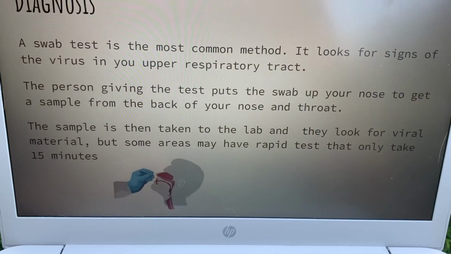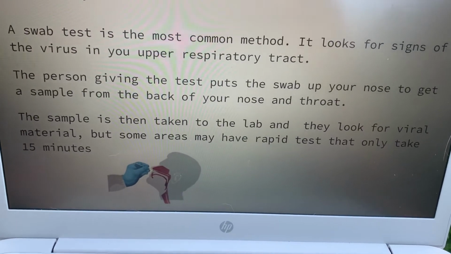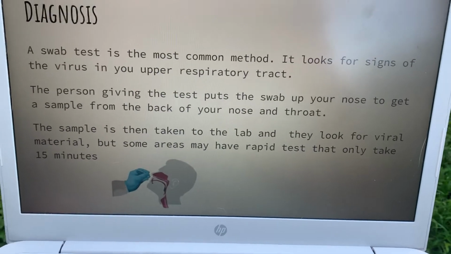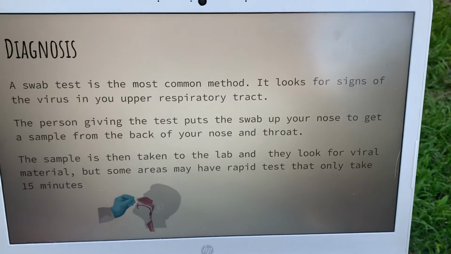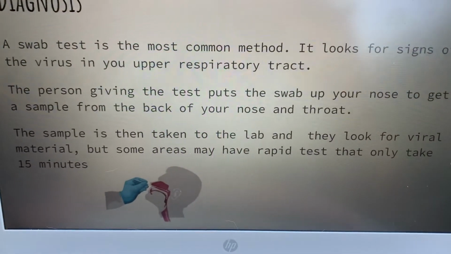The sample is then taken to the lab, where they look for viral material. This could take up to 7 to 12 days, but some areas may have a rapid test that only takes 15 minutes.